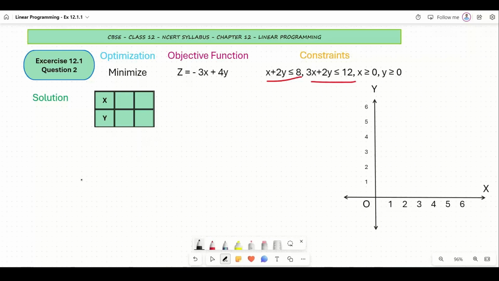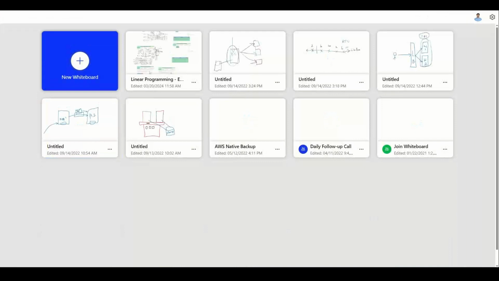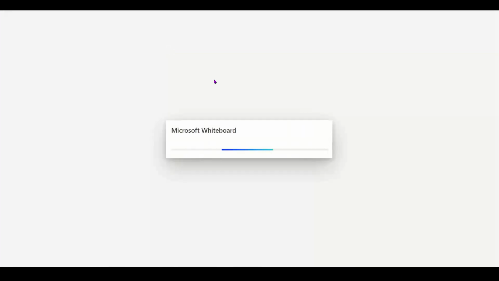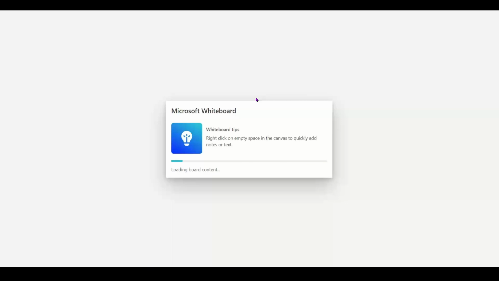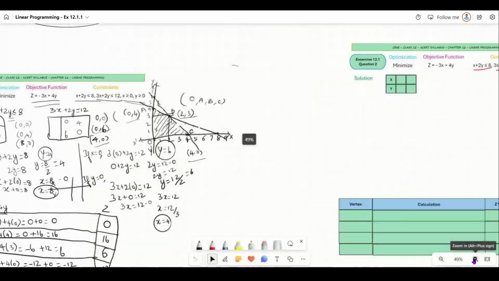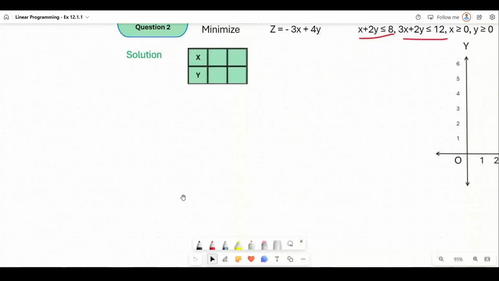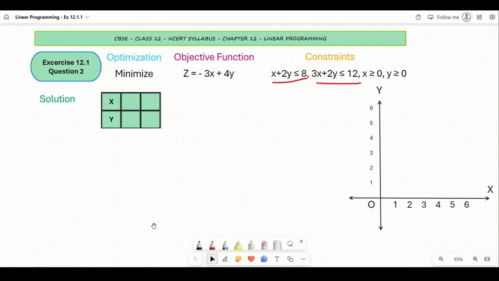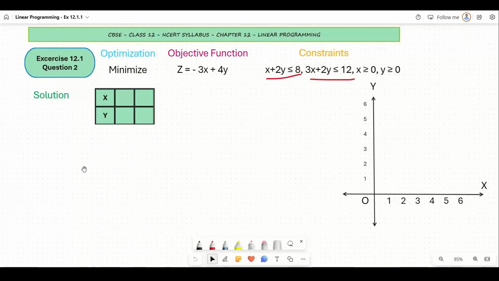So in this particular formula, let's assume that x plus 2y is equal to 8.